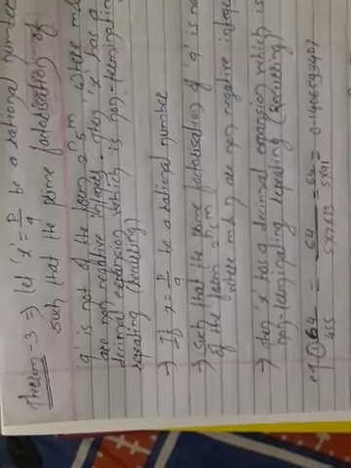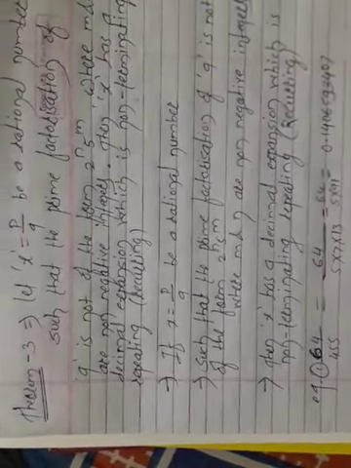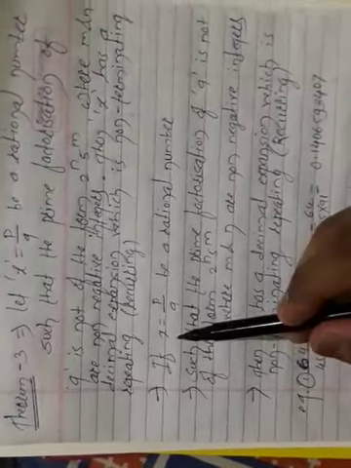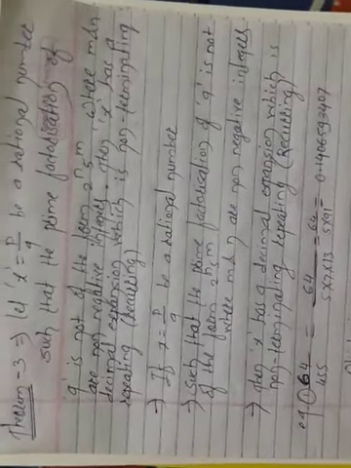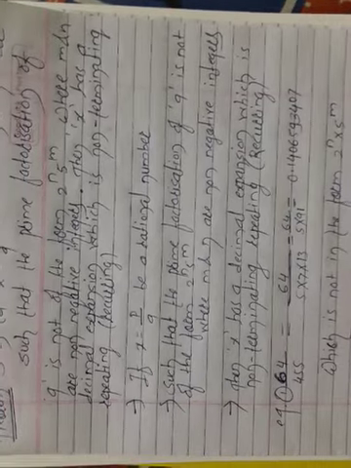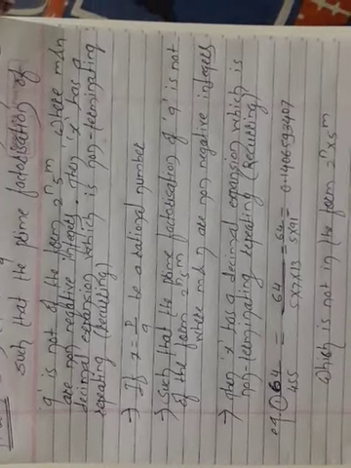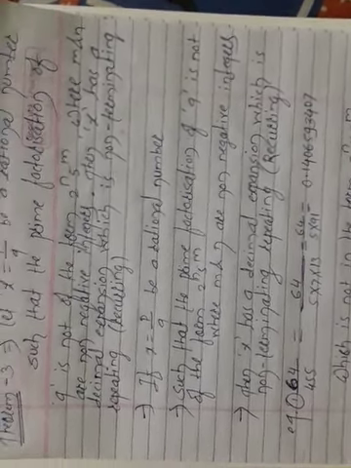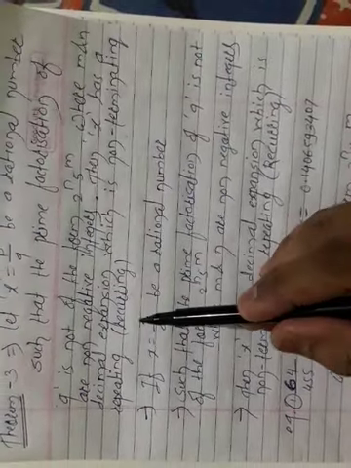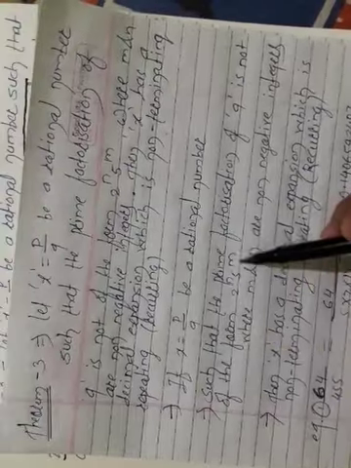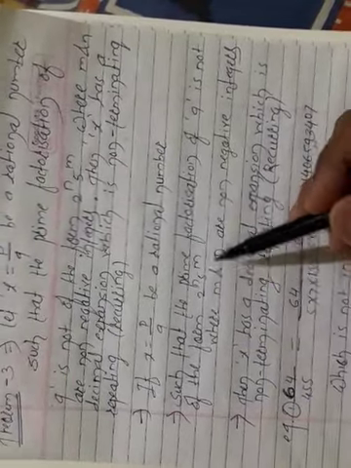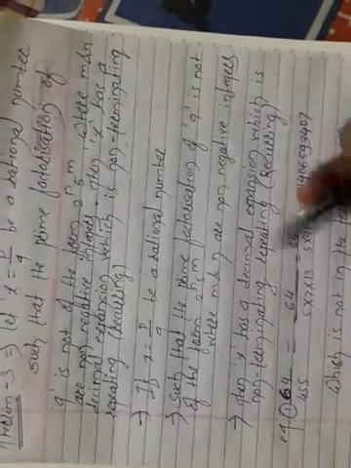Okay, for understanding purpose I have divided this into 4 parts. If x is equal to p upon q be a rational number, कोई भी एक रैशनल नंबर है, such that the prime factorization of q is not of the form 2 raised to n and 5 raised to m. जो रैशनल नंबर हमने लिया है उसमें जो q है उसका अगर प्राइम फैक्टराइजेशन निकाला जाए तो वो 2 raised to n into 5 raised to m फॉर्म में नहीं है, where m and n are non-negative integers.